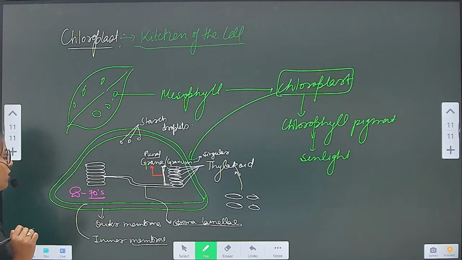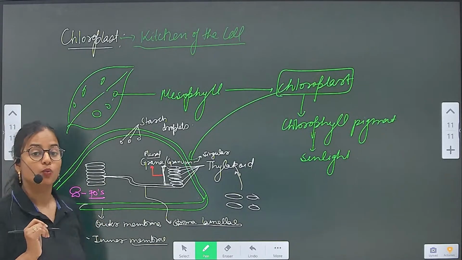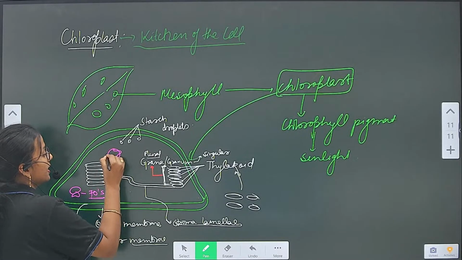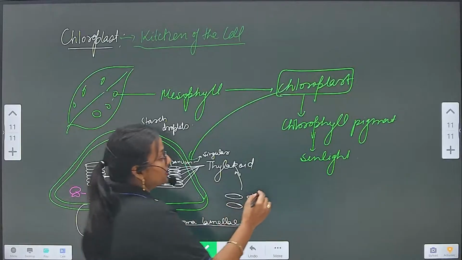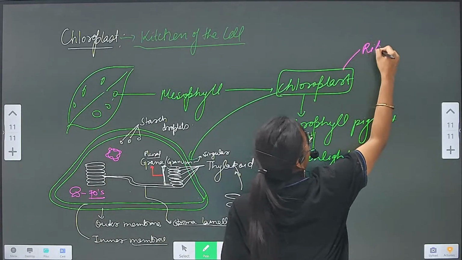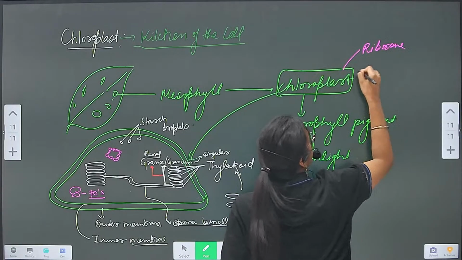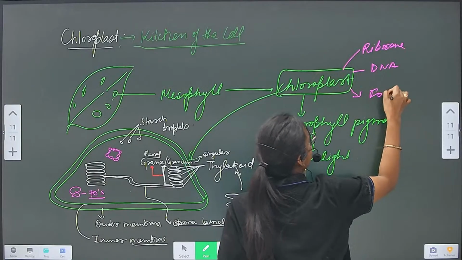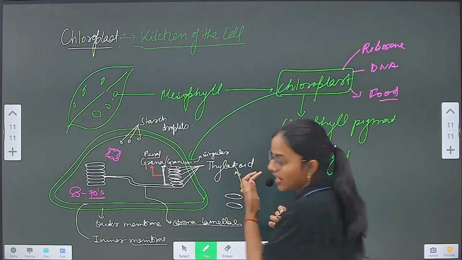What else? They have their own circular DNA. So can I say the chloroplast has its own ribosome, its own DNA, and its own food in the form of starch droplets. Is that clear?